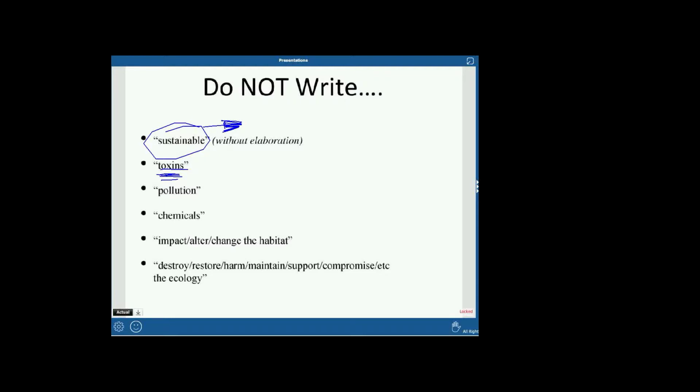Okay, toxins. I see this a lot in these FRQs and in other places, where you guys are saying release toxins into the soil or whatever. Well, tell me what these toxins are. Be specific. Impact, alter, change the habitat. Tell me how. Are you impacting the environment because you're cutting down trees?